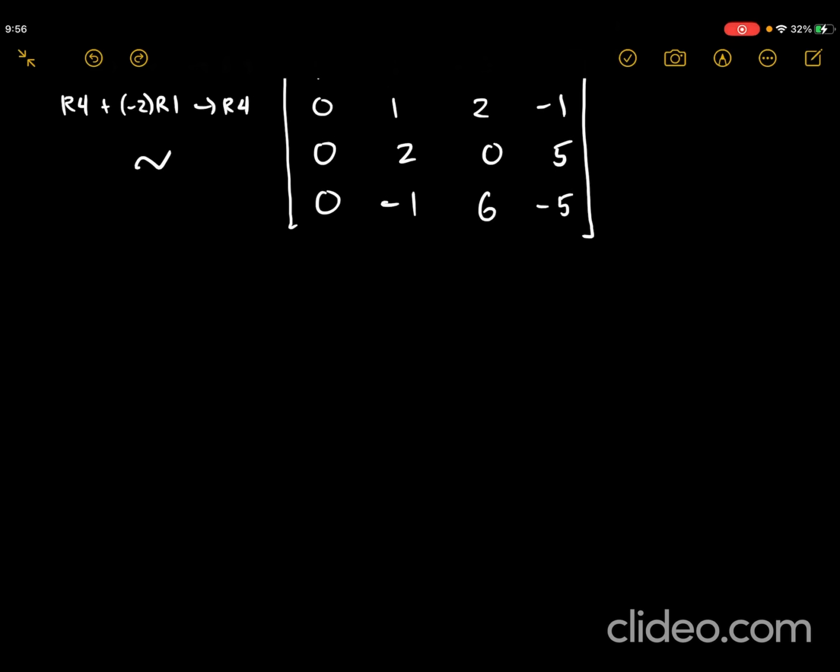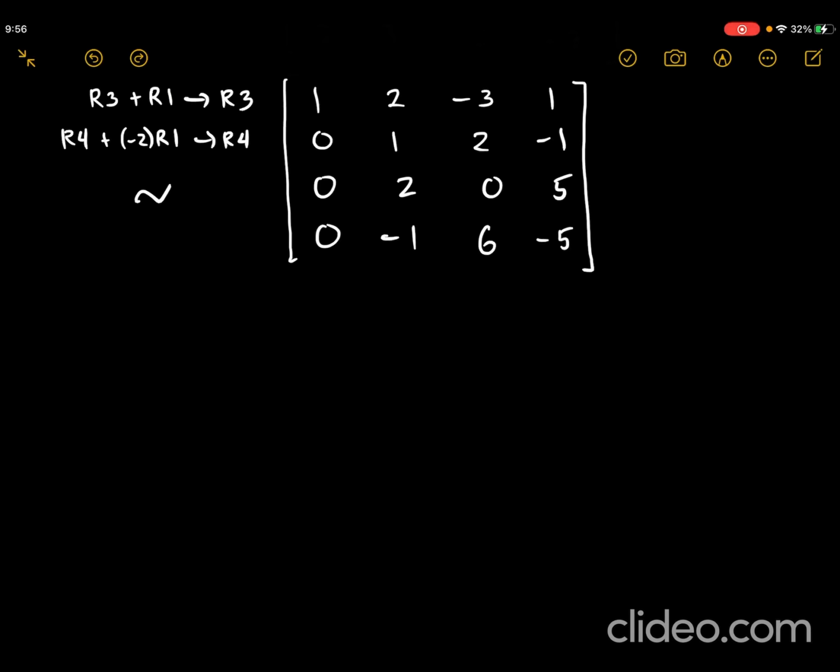The first step is to make sure that the first row has a leading 1. In this case we are done. So we just need to make these entries equal to 0.